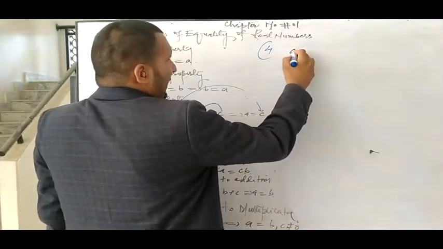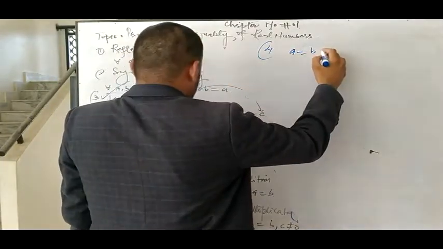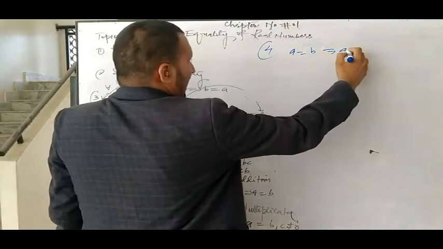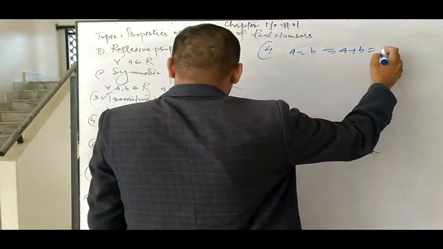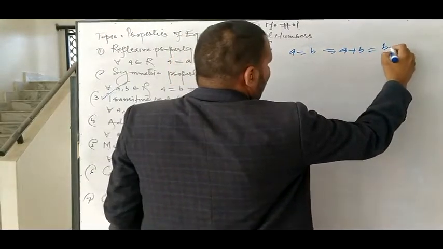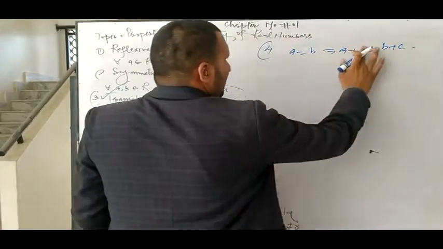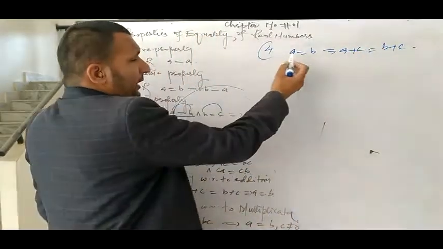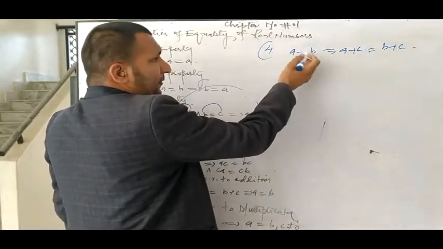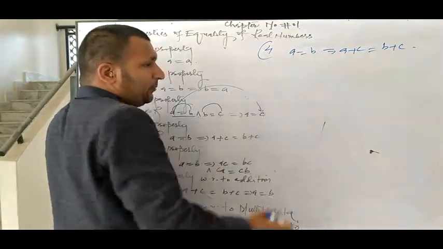Let's suppose A is equal to B, then A plus C is equal to B plus C. Again A is equal to B, then we add the value to both sides.